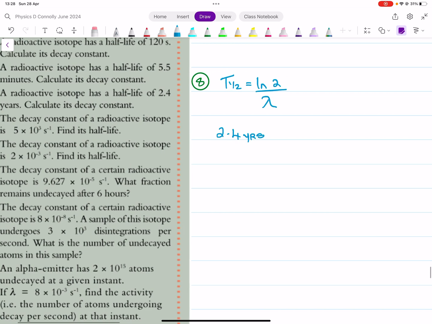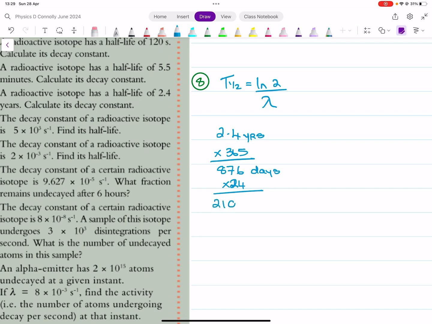Okay, so what do I do? Multiply it by 365. So that's 876 days. And then multiply it by 24.